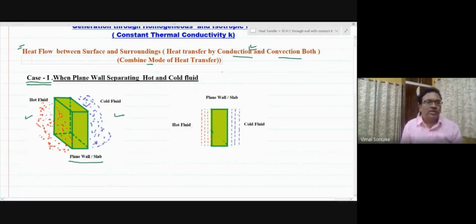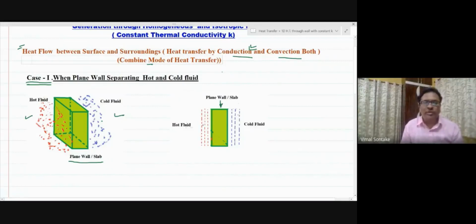Hot fluid is on the right side and cold fluid is on the left hand side. Let us represent this actual condition in the form of a schematic. So this is the plane wall or slab separating hot fluid and cold fluid.